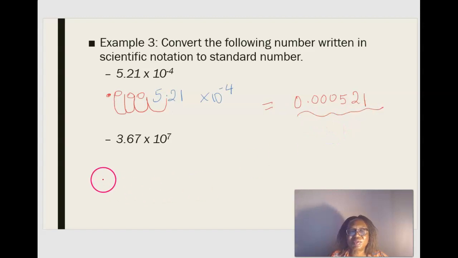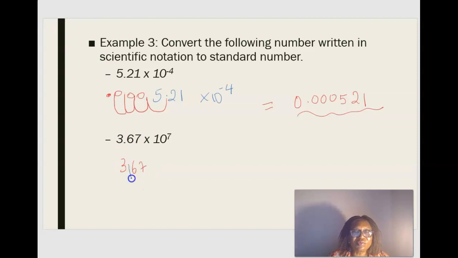So that's the number. And in this other case, before we could get this, our decimal point moved to the left. So in this case, the decimal point has to move to the right. We want to move the decimal point to the right.